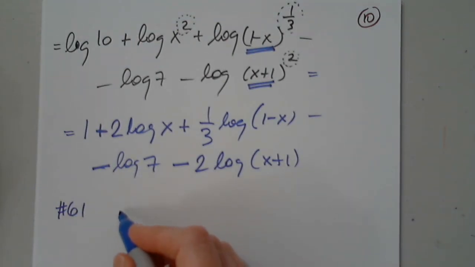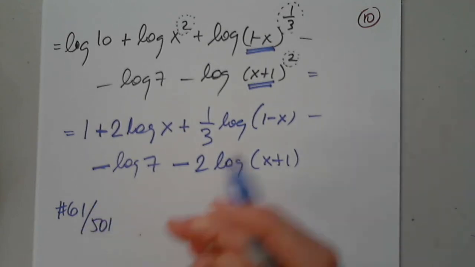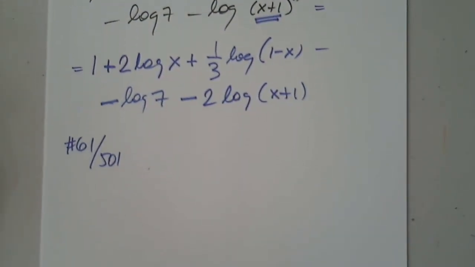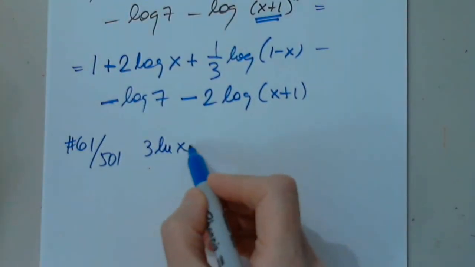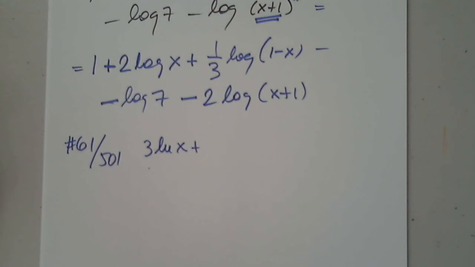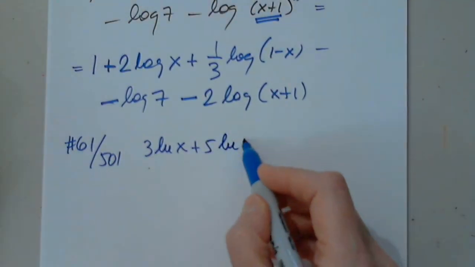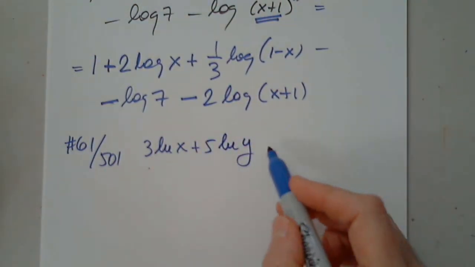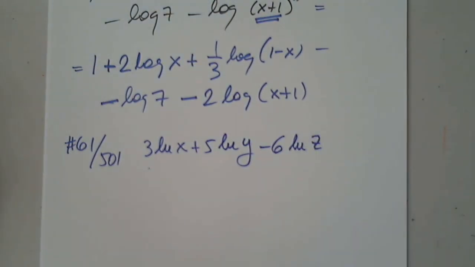In 61 we have, let me also tell you the page number, just in case, 501. So 61: 3 natural log x plus 5 natural log y minus 6 natural log z.